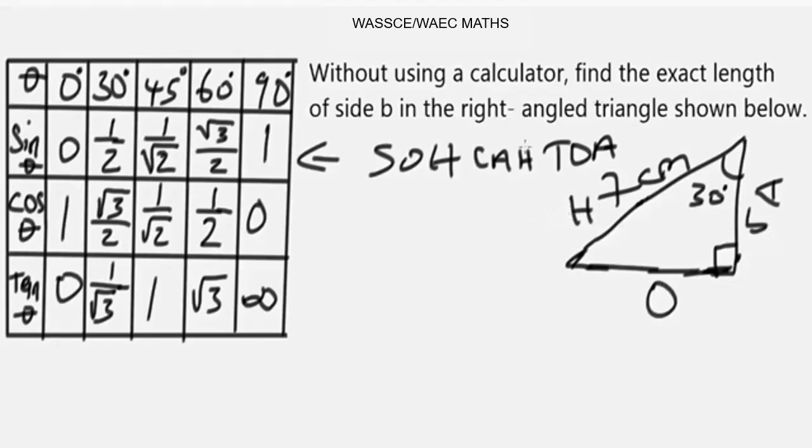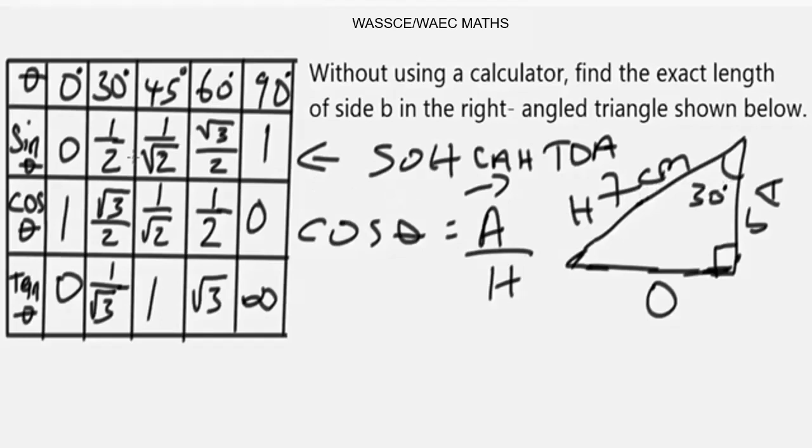So we are dealing with the hypotenuse and adjacent. That means from SOHCAHTOA, we're going to work with CAH. That's cos theta equals adjacent over hypotenuse. We are not dealing with opposite here. We are given our angle here. Our theta is 30 degrees, so it asks us to find cos 30.